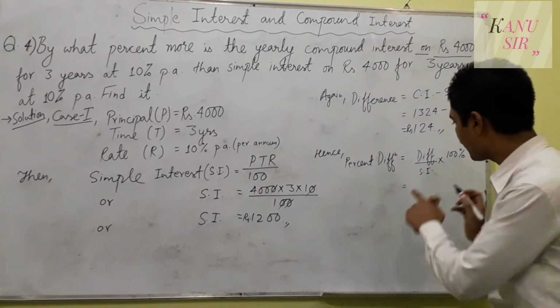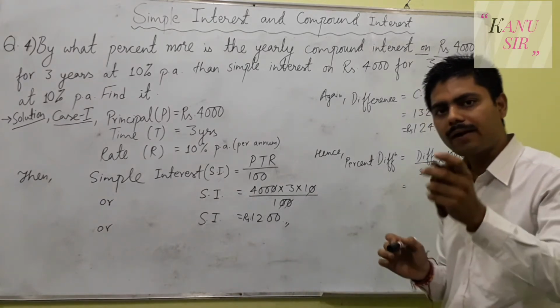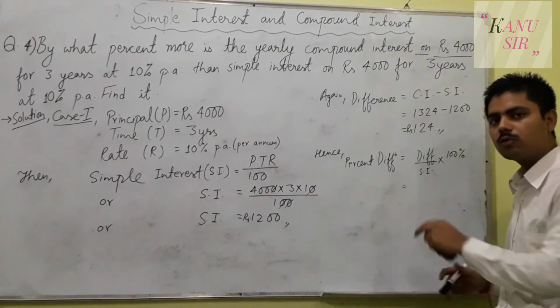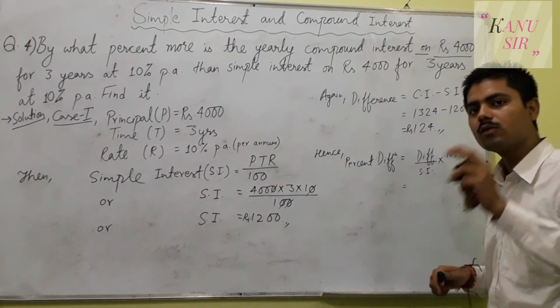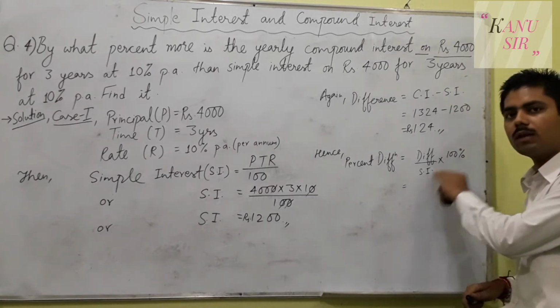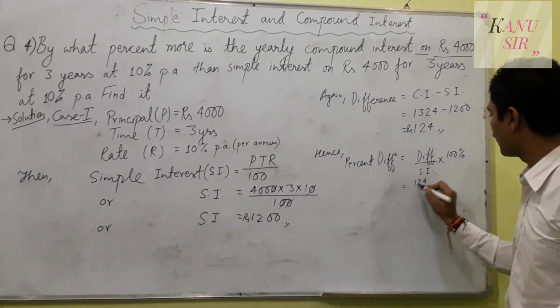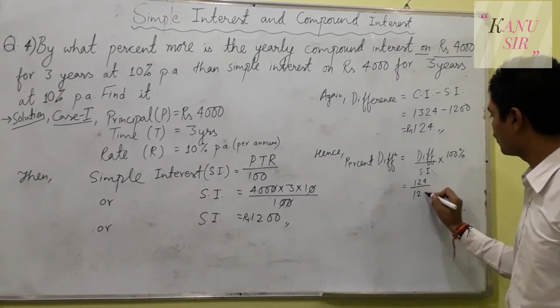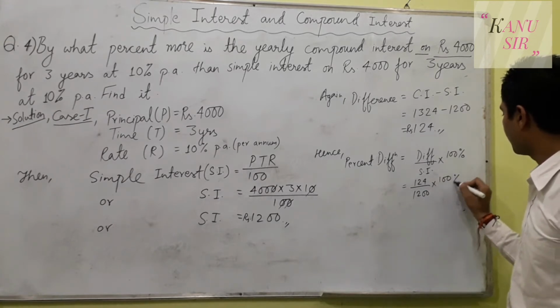So why have I kept simple interest, not compound interest? Because the smaller value will always be kept down to find the percentage. Here compound interest is greater than simple interest, so we always put simple interest in the denominator, and the difference is 124 and simple interest is 1200, into 100 percentage.